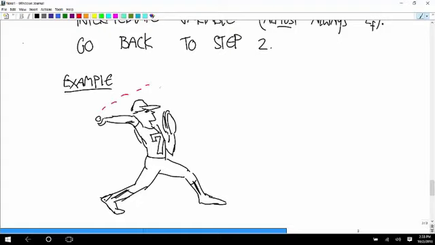Let's say he's going to release the ball here, and then the ball is going to go like this. And let's say that the instant it leaves his hand, it makes a 25-degree angle with the horizontal.